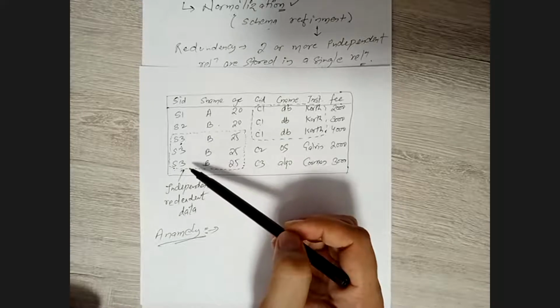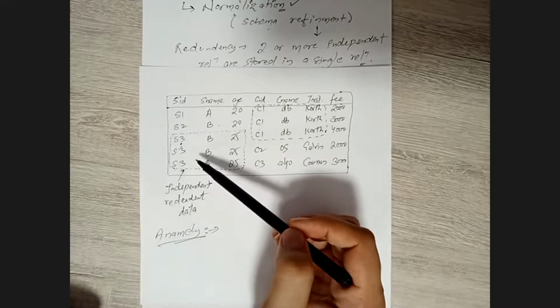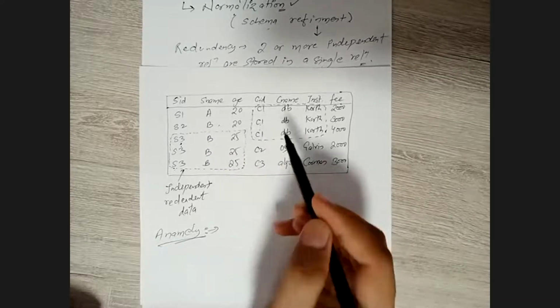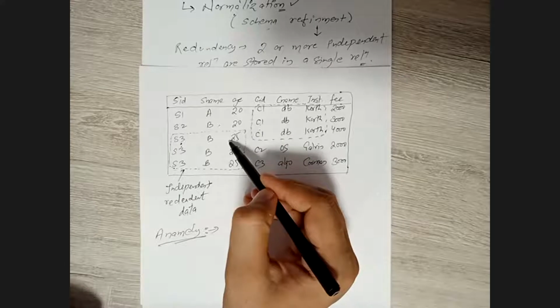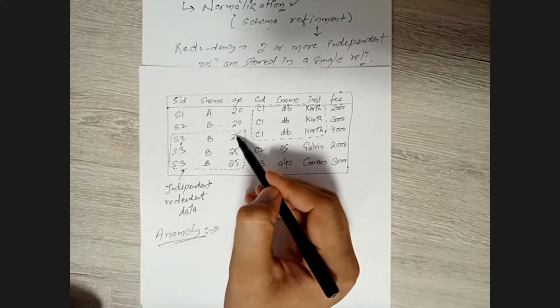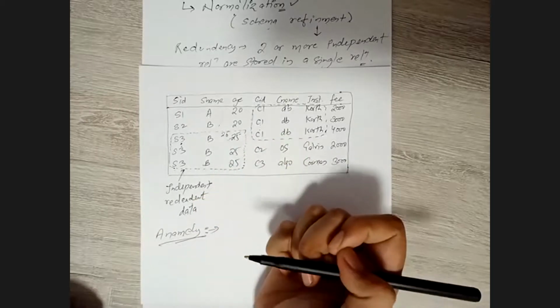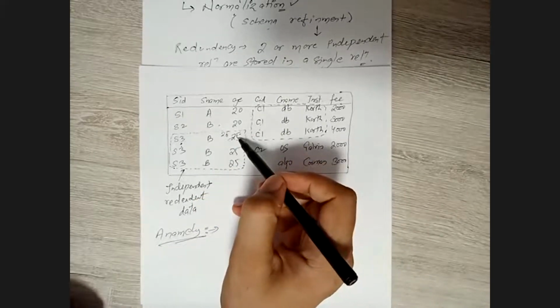Now understand, if you want to perform some update operation over here, for example, this age, say 25, and I want to update it to 26 or some other value. We know this age is the age of a student.